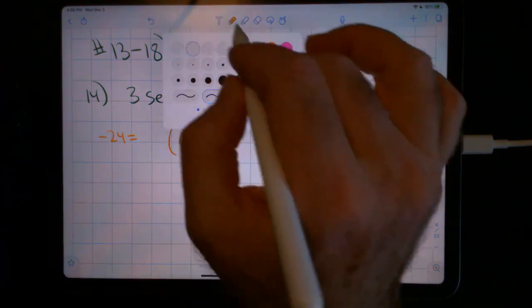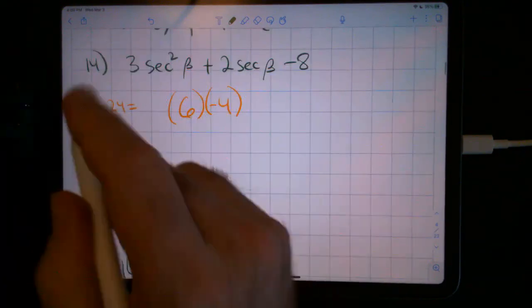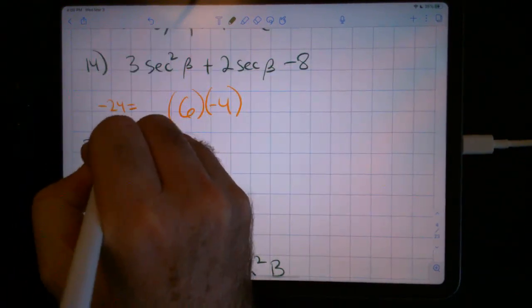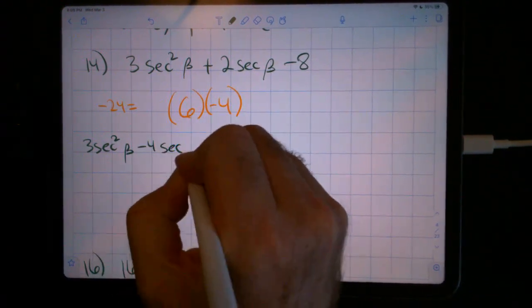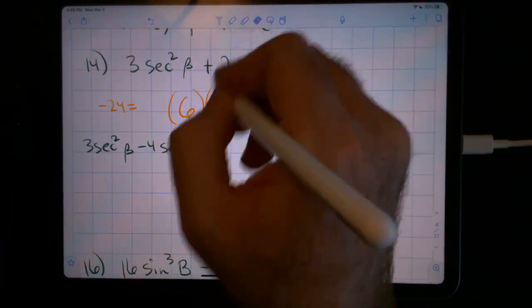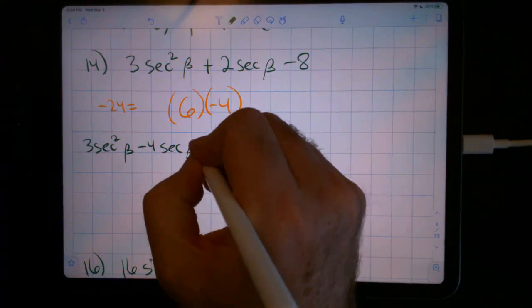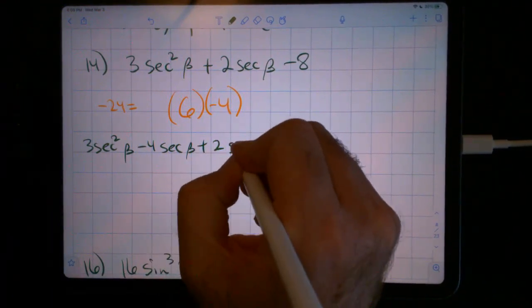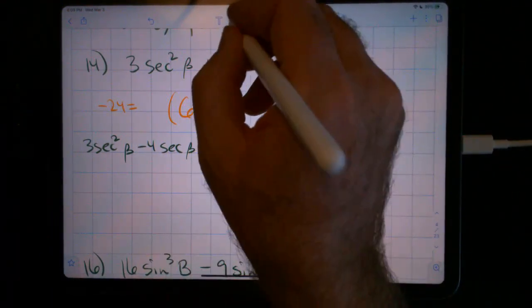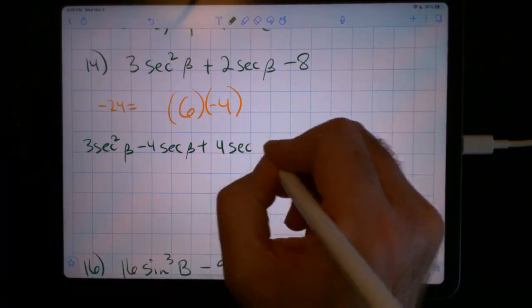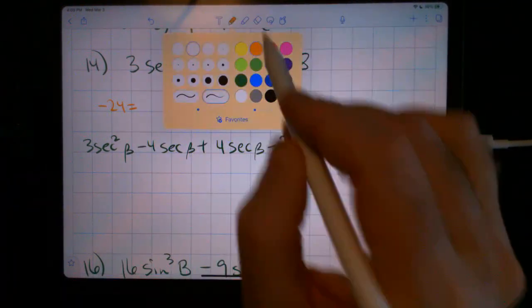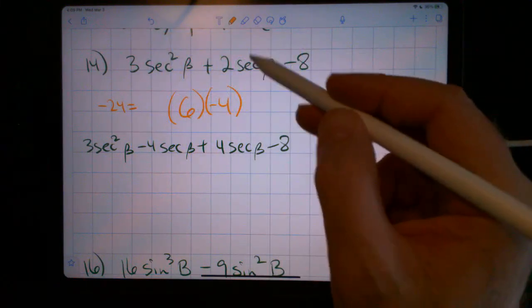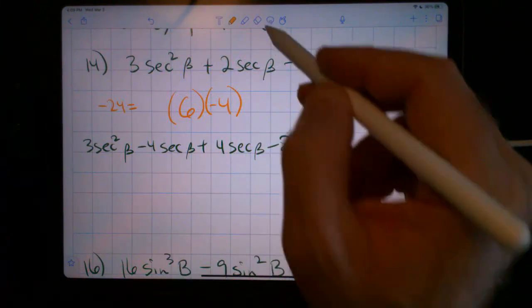So we can rewrite this as, okay, so that these two are the same equation. 2 is the same thing as -4 plus 6.